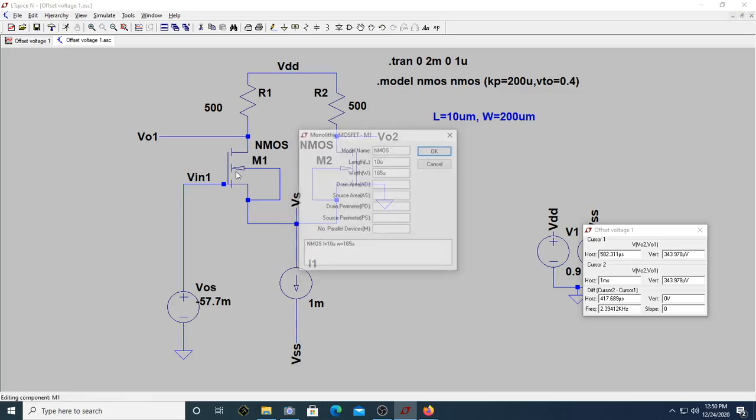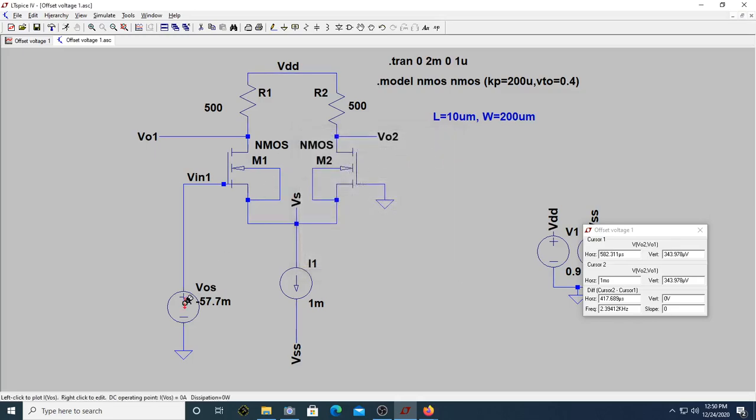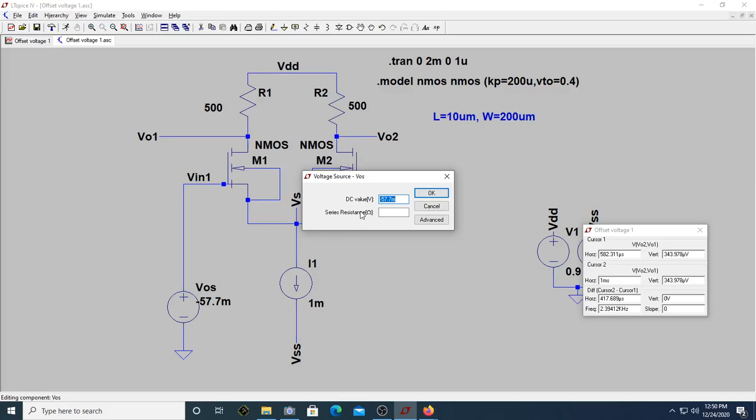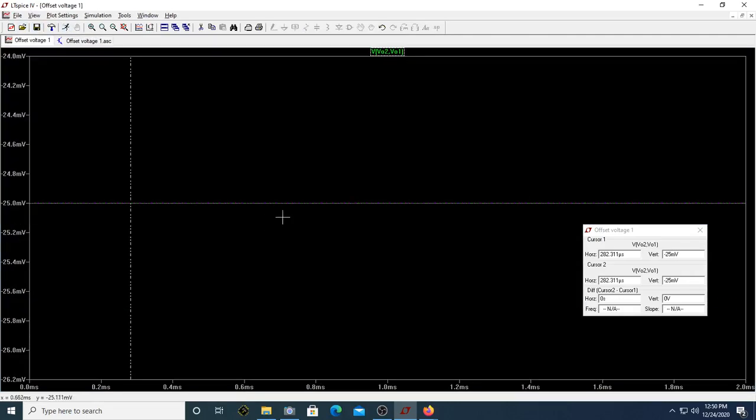I will make this 142.5 micrometers, already there. So let me make this 0. Let us try to find out how much is the offset voltage error. You can certainly find the offset error will now be negative. See, now this is negative voltage, so you have minus 25 millivolt. So the output offset voltage is now minus 25 millivolt.